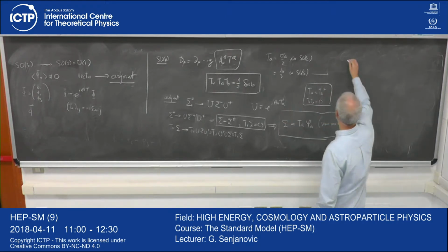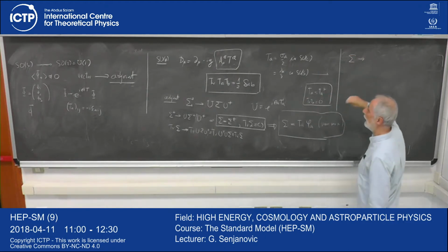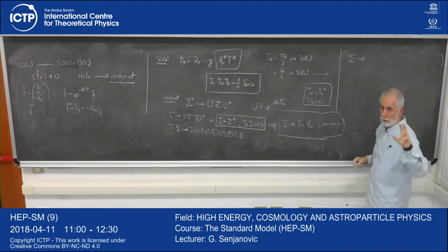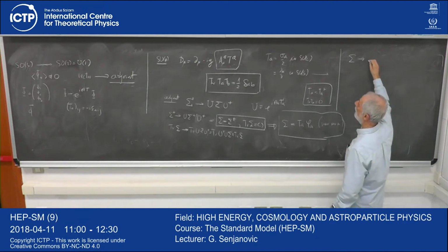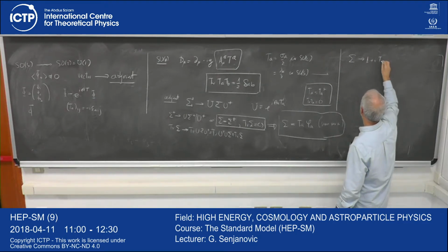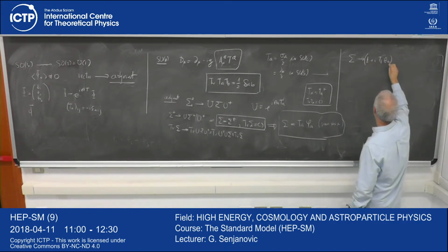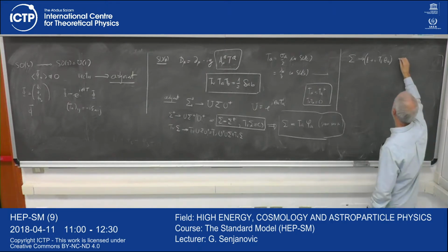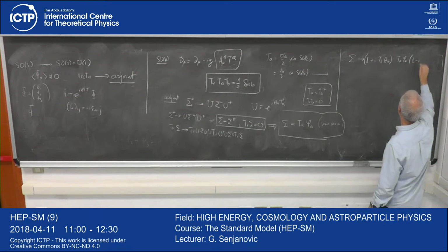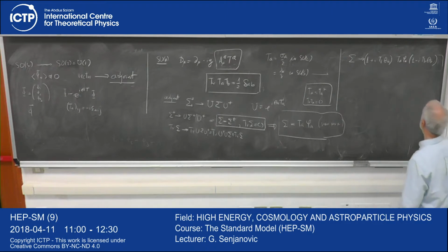So how does sigma transform? Let's look at the small transformation to understand what is going on. I want to identify the generator. So this is 1 plus i T^B theta^B, acting on T^A phi^A, times 1 minus i T^B theta^B. It's a dummy index, so I can write it any which way.